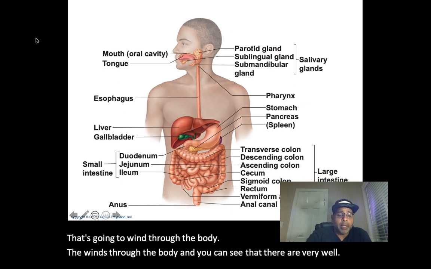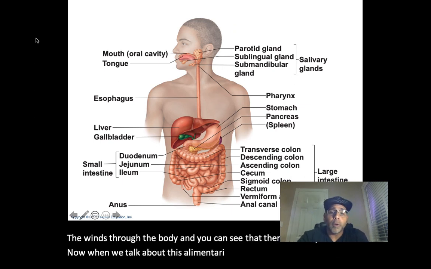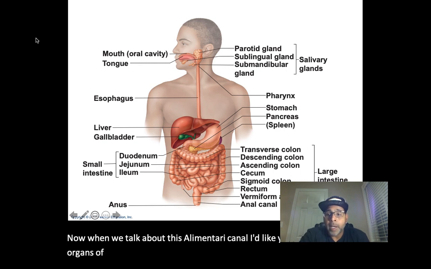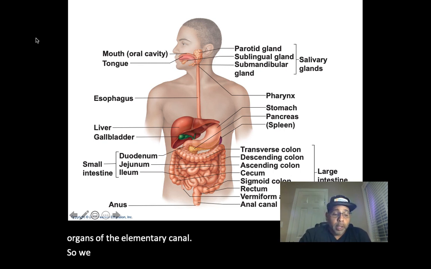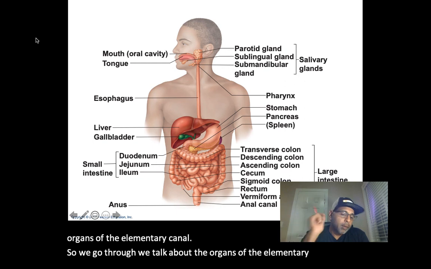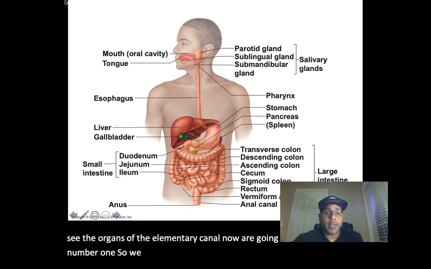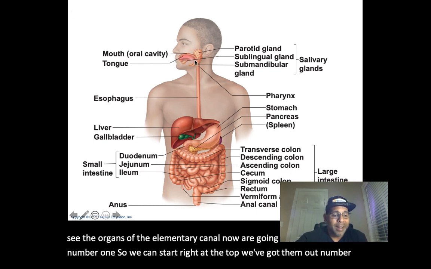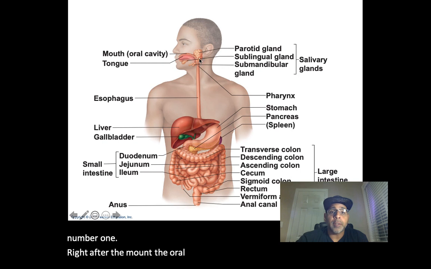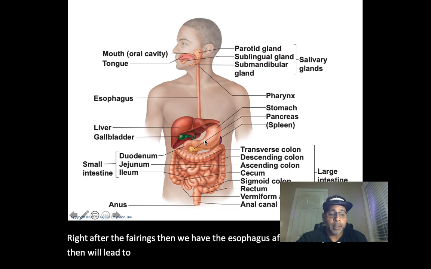Now, when we talk about this alimentary canal, I'd like you to know the organs of the alimentary canal. They include the mouth, number one, so we can start right at the top. Right after the mouth, the oral cavity, we're going to appreciate the pharynx. Right after the pharynx, we have the esophagus. After the esophagus, we lead to the stomach.